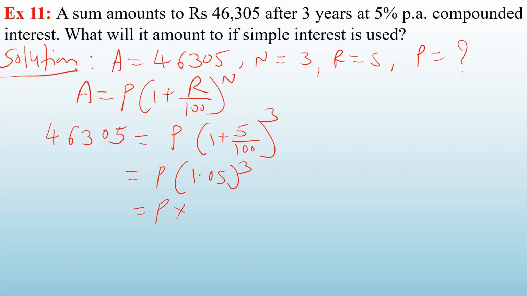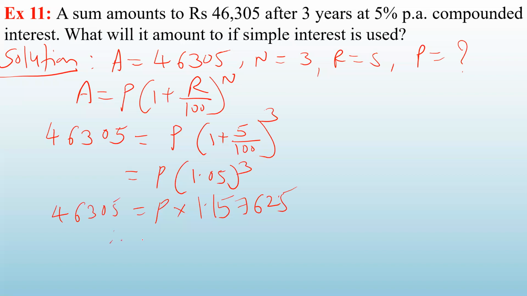1.05 raised to power 3 is equal to 1.157625. Okay. So from here, and the left hand side is 46,305.